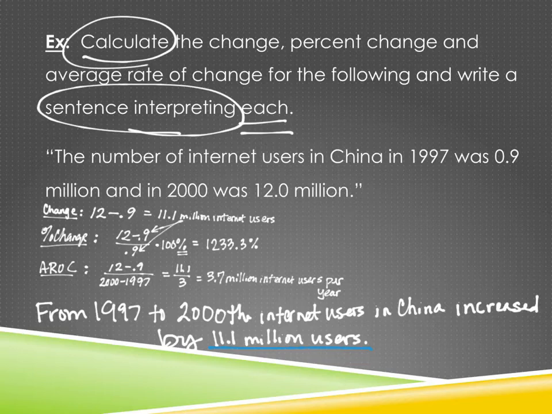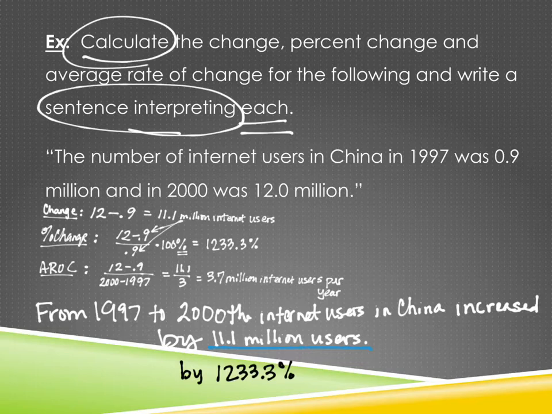So instead of saying that it increased by 11.1 million users, I could say that it increased by 1233.3%. That would be the equivalent for the second piece of information.